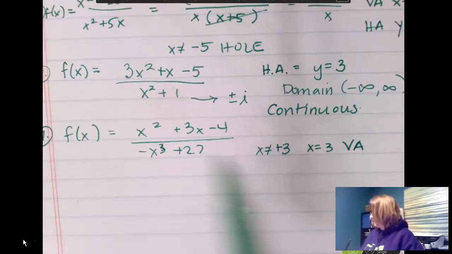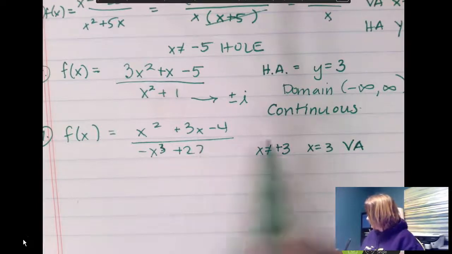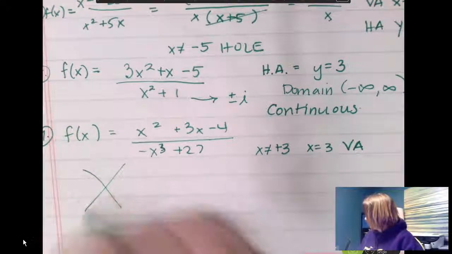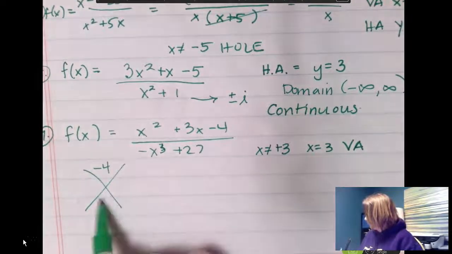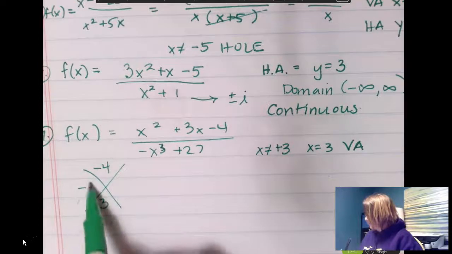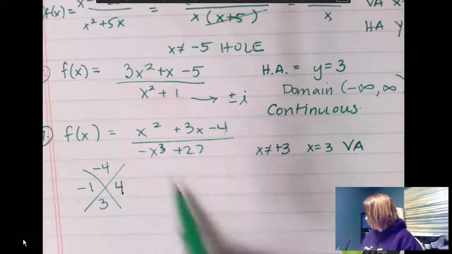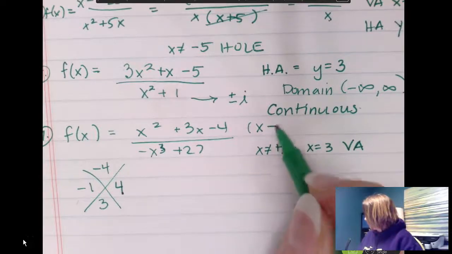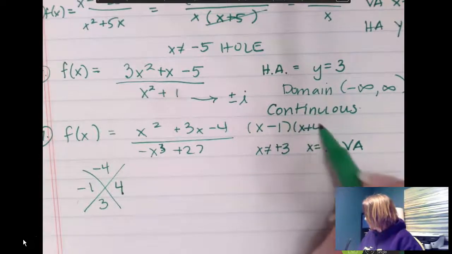And then we want to look at the top and see, can that be factored? So we want to see if there's two things that when we multiply them they equal negative 4, when they add equal 3. So that's negative 1 times 4. So we have x minus 1, x plus 4 up on the top.